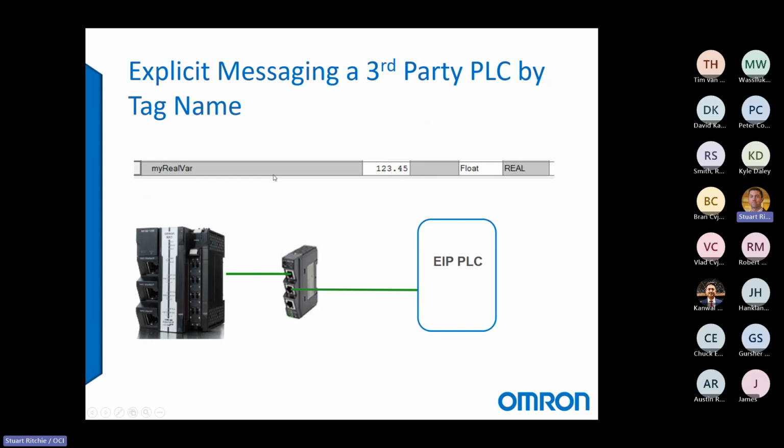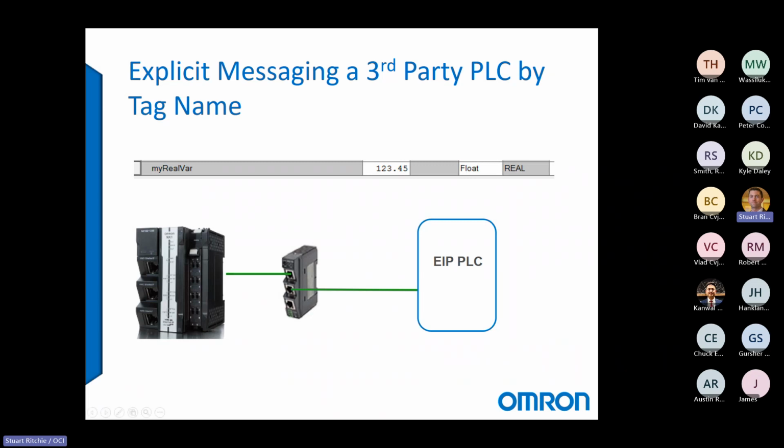Now, the first exercise that we are going to do is explicit message a third-party PLC by tag name. So we have a few options when it comes to explicit messaging. Like I mentioned before, when it's a device like an inverter, you're commonly given a data map in class, instance, and attribute type parameters.